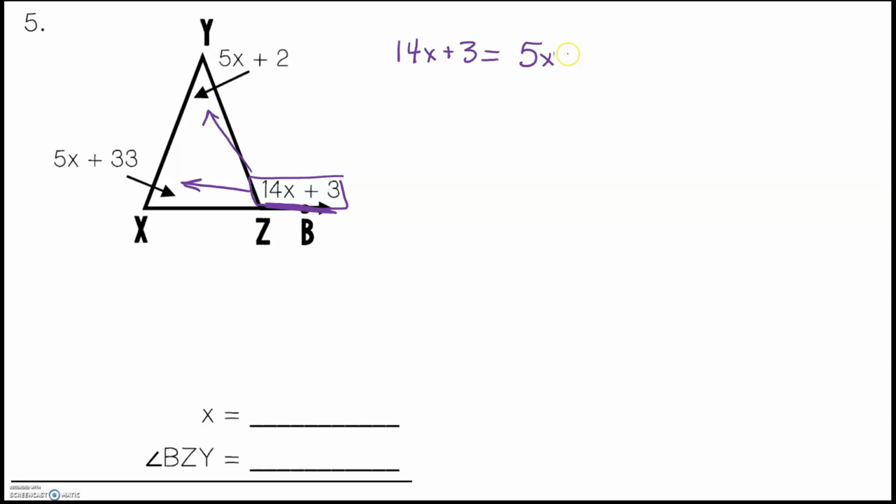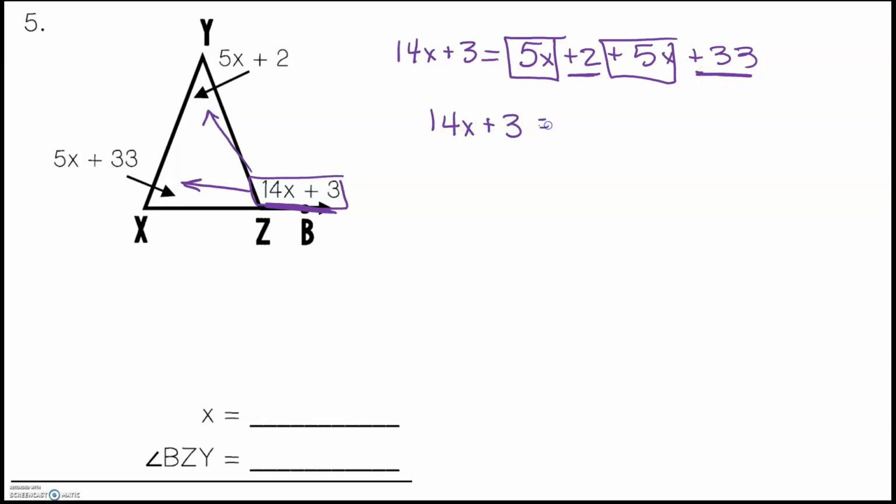So I'm going to add 5x plus 2 and 5x plus 33. Put your like terms together. So x's with x's, numbers with numbers. So 5x's and 5x's gives me a total of 10x's. And 33 and 2 puts me at 35.